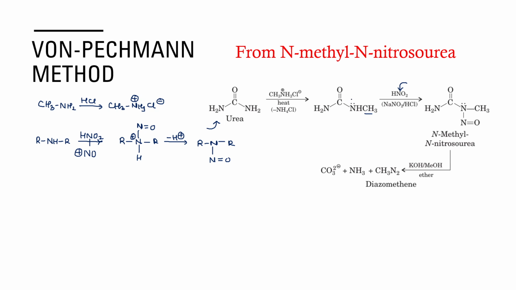Similarly ये जो एक 2-degree amine के जैसा दिखने वाला पार्ट है, this part gets converted to the nitrosourea part. So over here at this nitrogen, a N double bond O is created and this one is treated with KOH. Then we get actually CH2N2, हमें मिल जाता है.